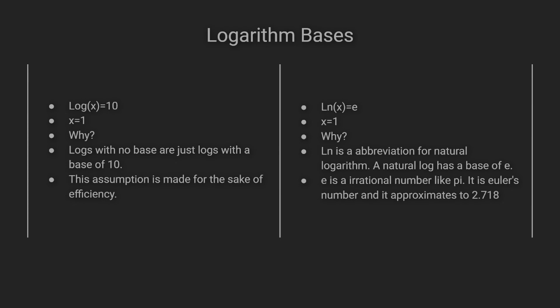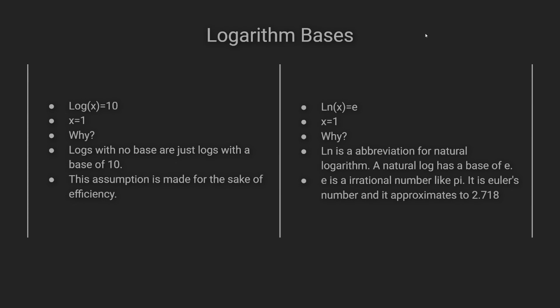In these cases, x, the argument, is always going to be 1. So if our given value to the right of the logarithm is the same as the base, then our argument is always going to be 1. So this is why we picked these two examples. A natural log has a base of e, which is why x equals 1, because this is a log base e, argument x equals e, so x is 1.